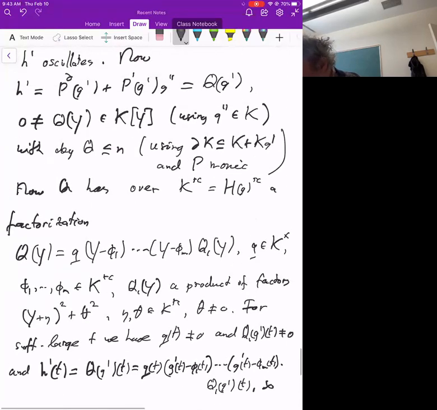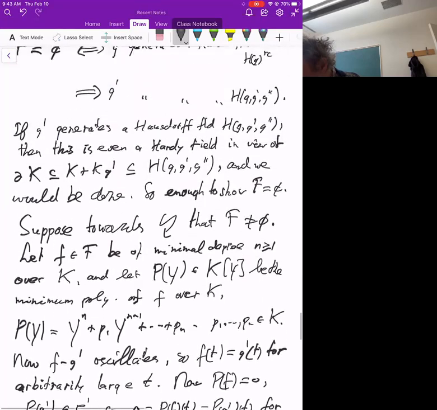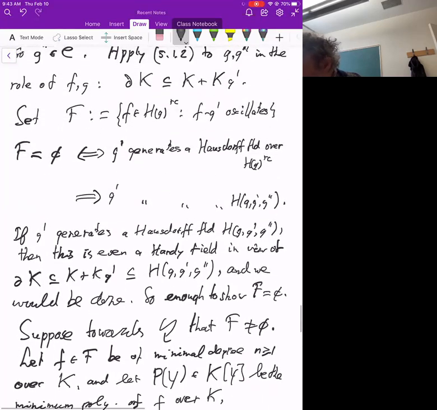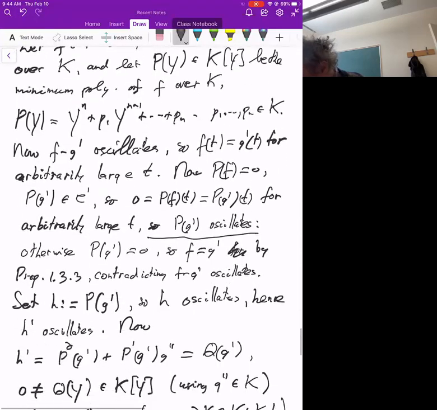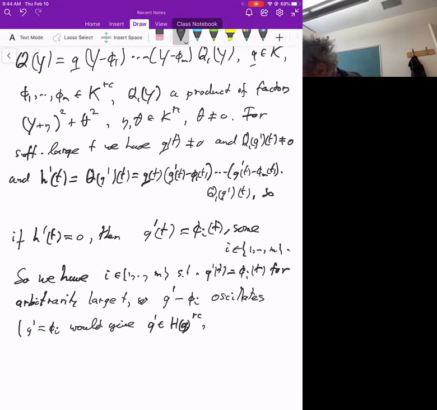If you go back to the definition of capital F, if g prime happens to be in this real closure, then of course the difference of g prime with anything in this real closure would not oscillate, and so this cannot happen. So F is empty, contradiction.